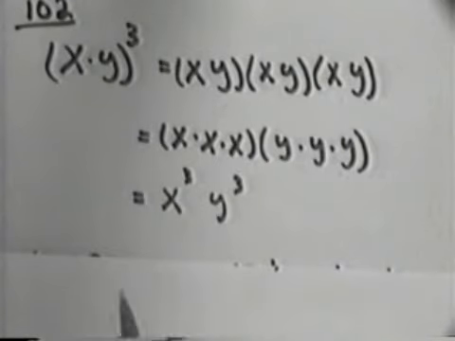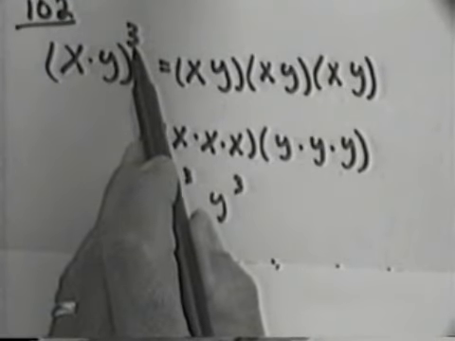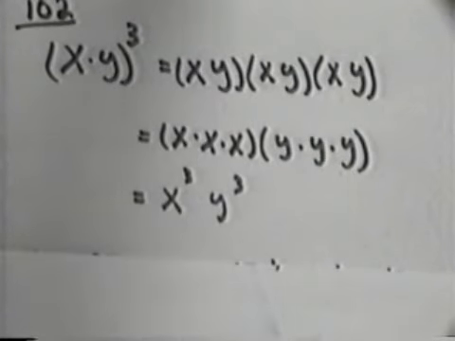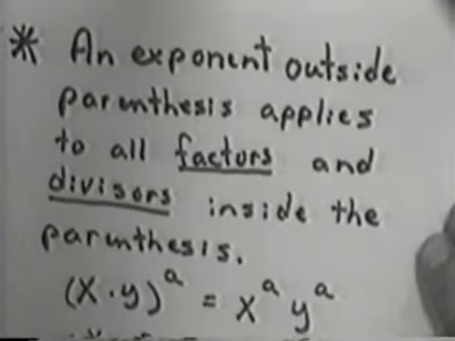So notice what's happened. This exponent 3 has been applied to both of the factors inside the parentheses. Well, that leads to our next rule.